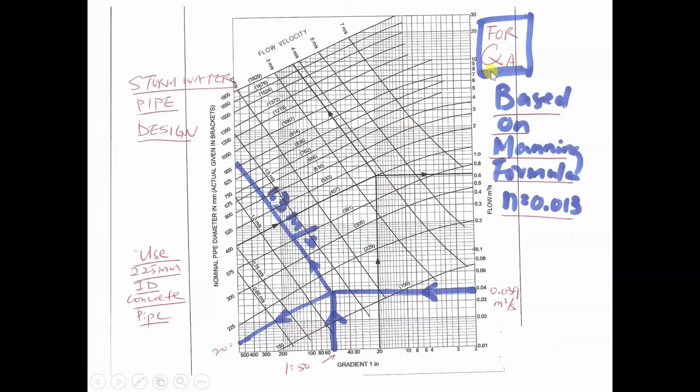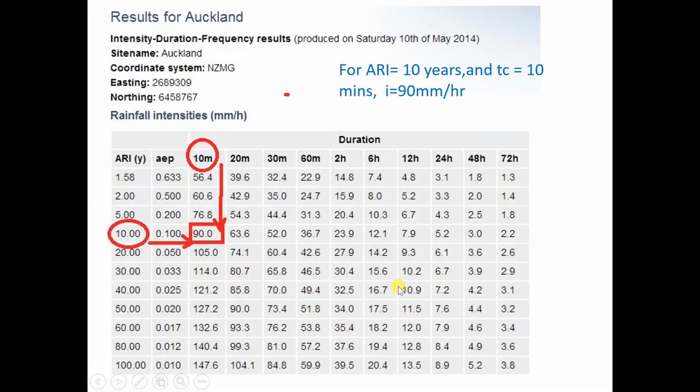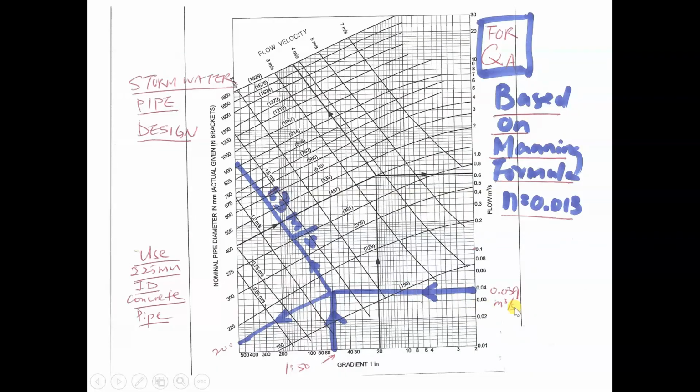So this is a chart method. For QA, 0.039 meter cube per second. In this chart, this one is actually based on Manning's formula.